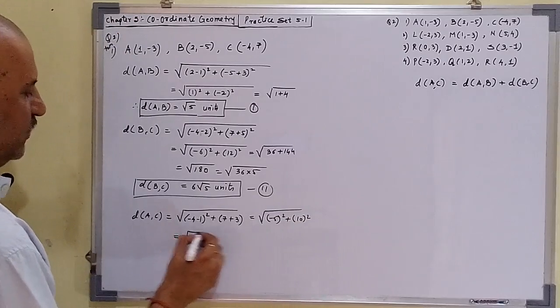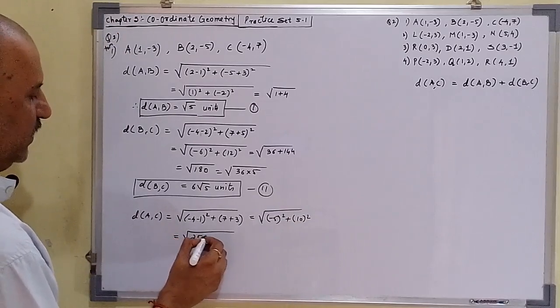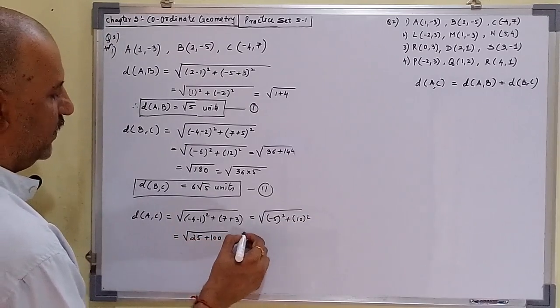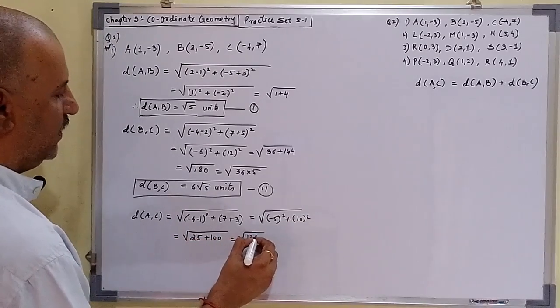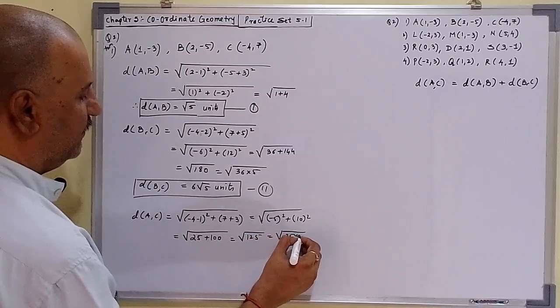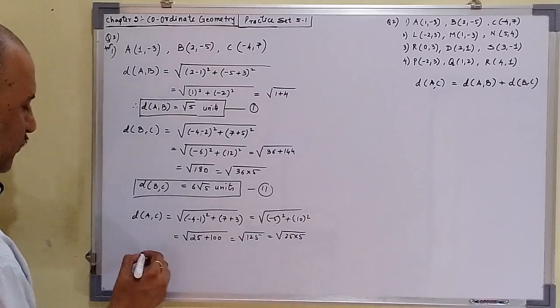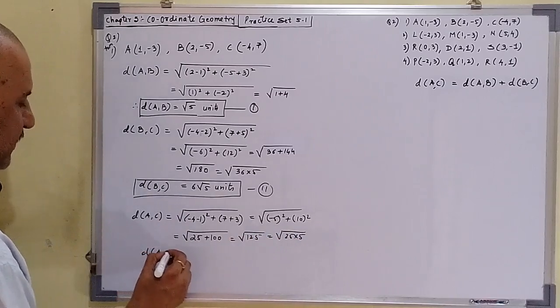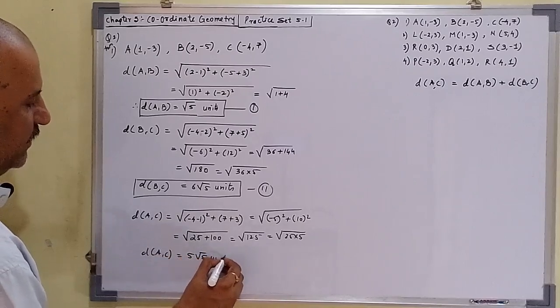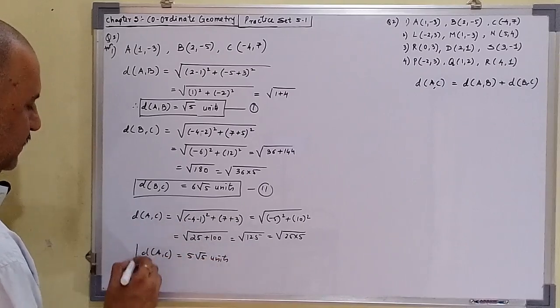So this will be square root of 25 plus 100. You get 125, which can be written as 25 into 5. So what is distance AC? The square root of 25 is 5, so 5 root 5 units.